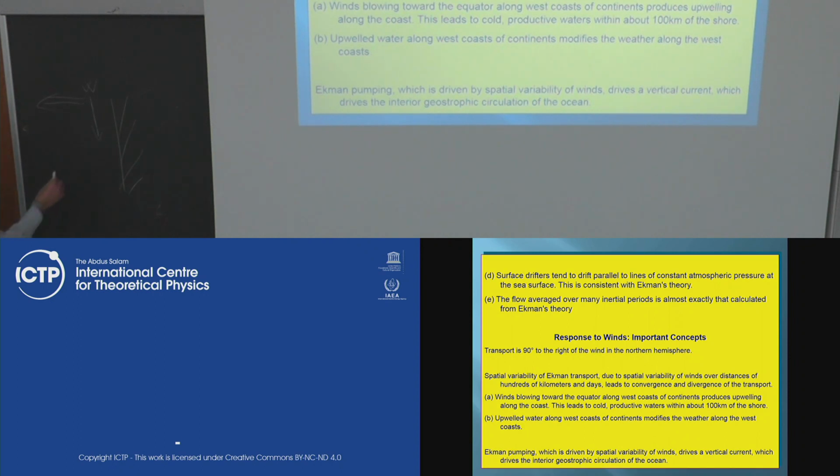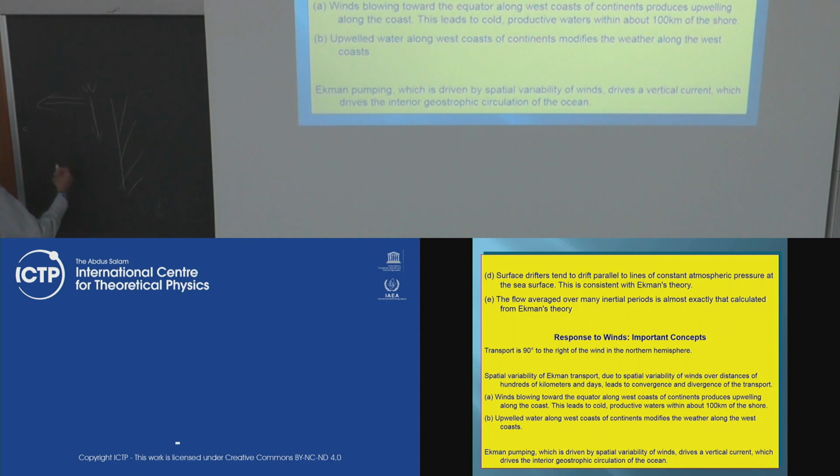And that means that there is a divergence, and this lack of water which has been taken away from the coast has to be compensated by some other water, because we cannot lose the volume. The volume continuity equation requires that whatever you lose, you have to get.